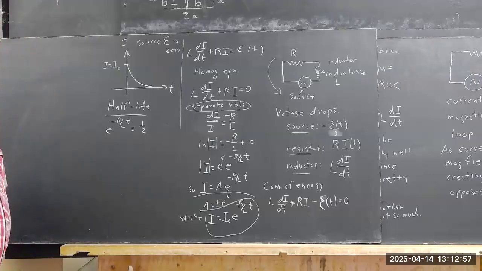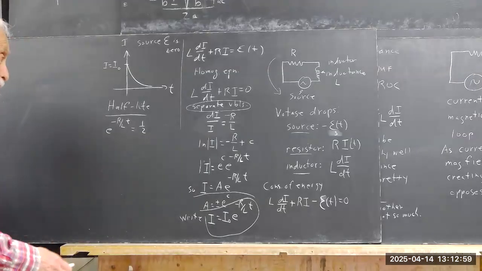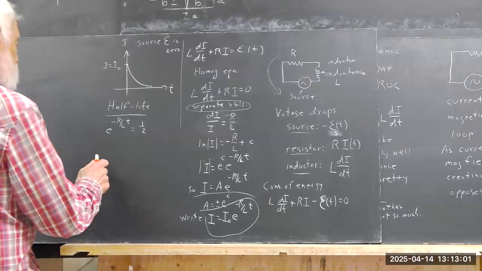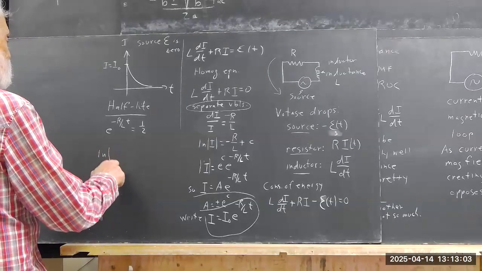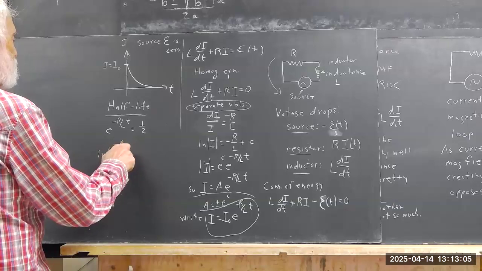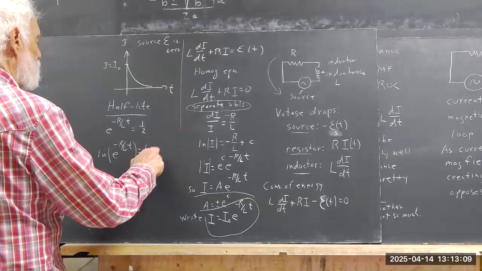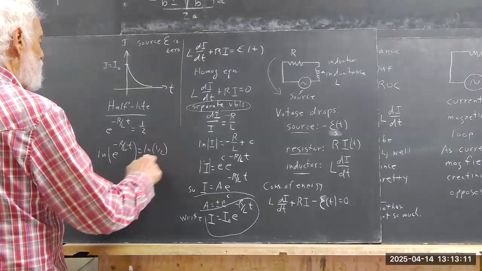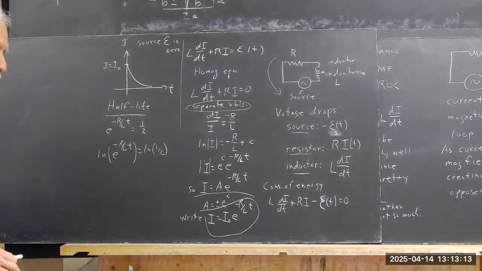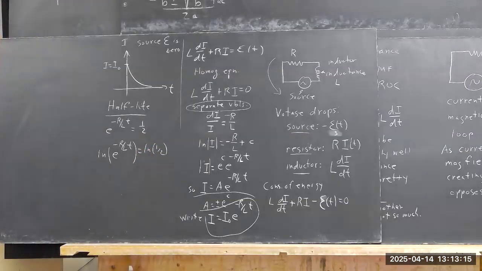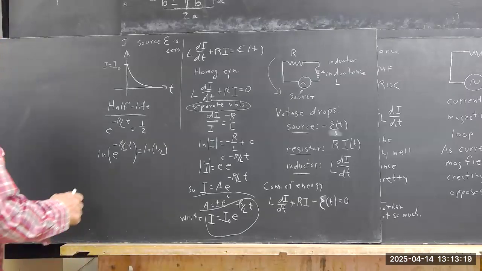We take the natural log of both sides. We do the natural log of e to the negative R over L t equals the natural log of 1/2. Natural log of 1/2, I think, is 0.69 something. It's real close to 0.7. So I'm just going to ballpark 0.7.